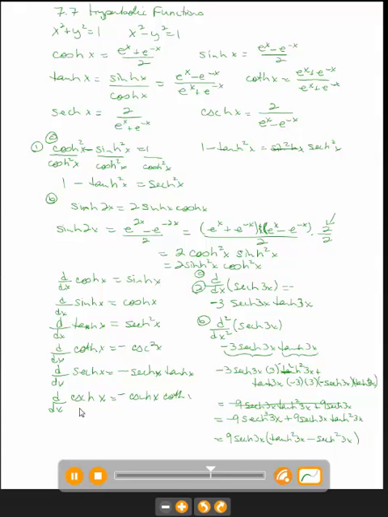Okay, so now we're up to 2c. And they want us to integrate the hyperbolic cosecant squared of the square root of x over the square root of x dx. This is going to be a u substitution.